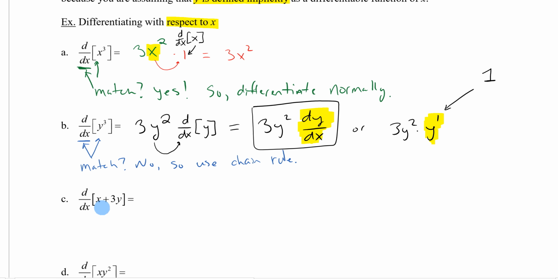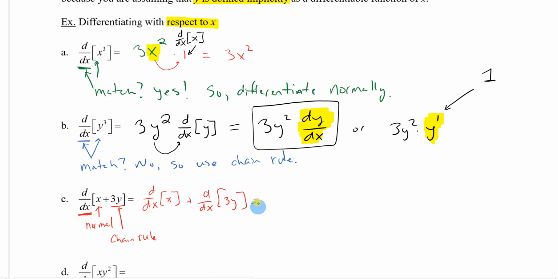Let's go ahead and do the next one. So I'm differentiating with respect to x. So that means that this term would be just normal differentiation. However, this term would be the chain rule differentiation. Okay, so let's go ahead and take the derivative of each term. So the derivative of x plus the derivative of 3y.